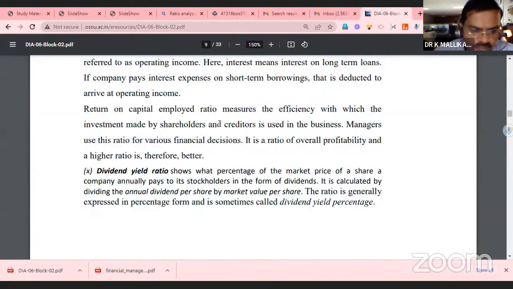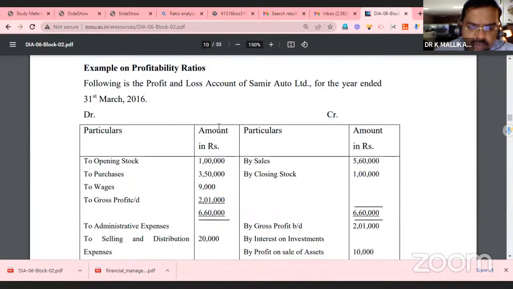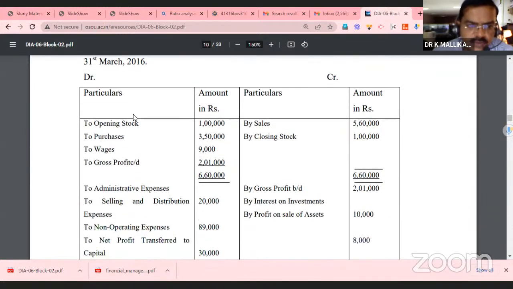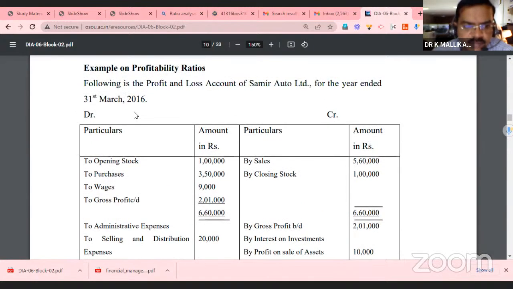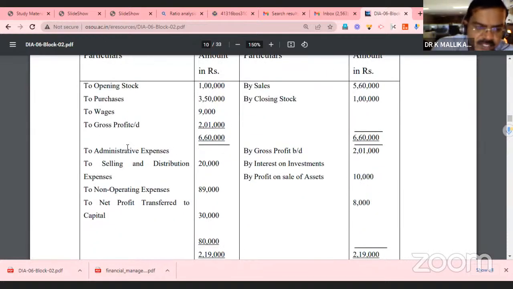Now, see that ROC, now we'll go for a problem. So this is one problem for how we are going to calculate. This is the data of March 31st, 2016. We have the trading and profit and loss accounts: opening stock, purchases, wages and gross profit, sales and closing stock on the credit side, and on the debit side expenses: administrative expenses, selling and distribution expenses, non-operating expenses.